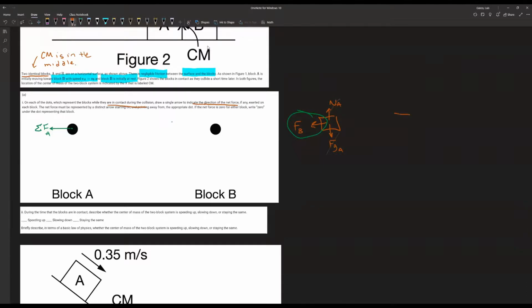By that principle, if we look at block B, again there's some normal force on block B. It has some gravitational force on block B. And then we have the force from A during contact. Because these forces vertically cancel out, this object does not accelerate vertically, and we are going to have an equal and opposite force.